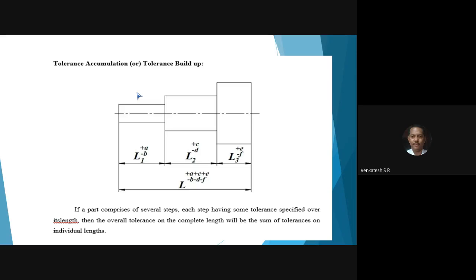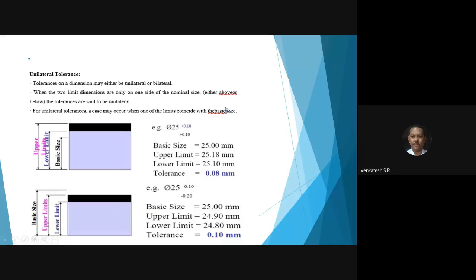There the customer conducts the checking of the dimensions and the inspection, and then he rejects it. Then there may be a loss of money due to transportation of the component from your company to the customer. So for that reason, limits, fits, and tolerances are very, very important.